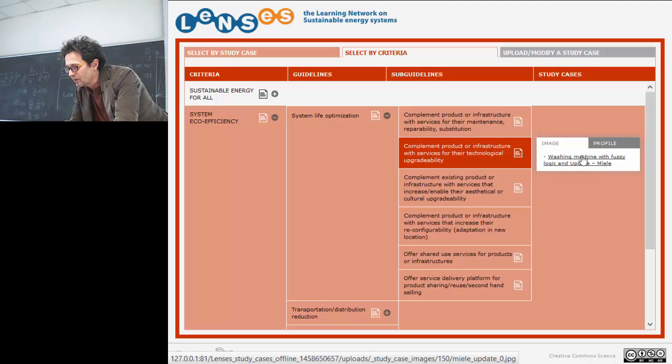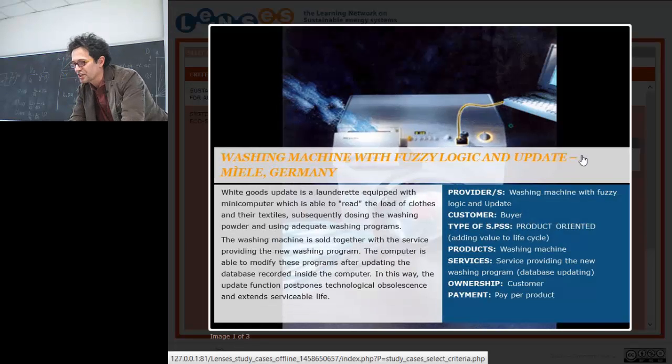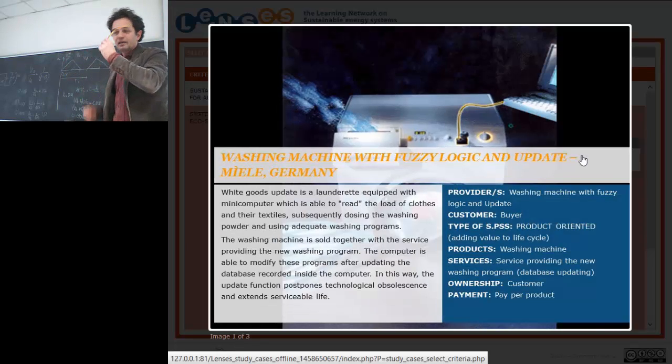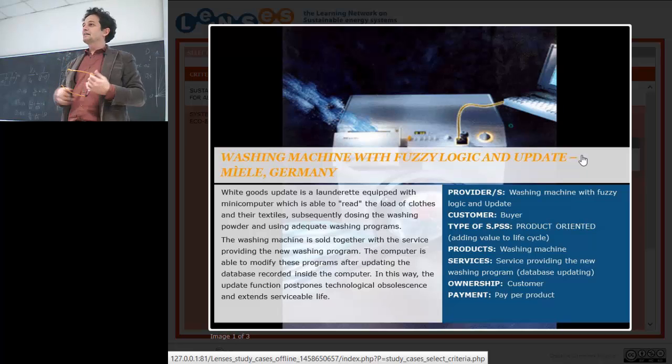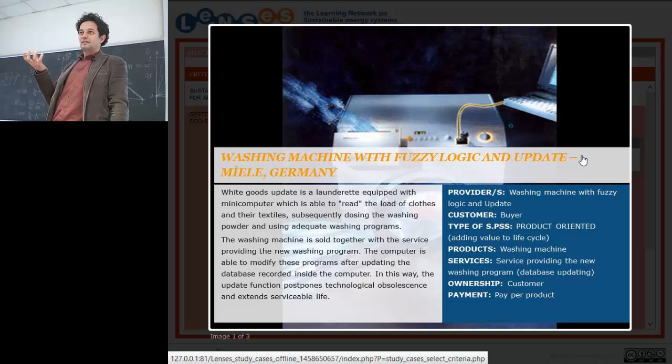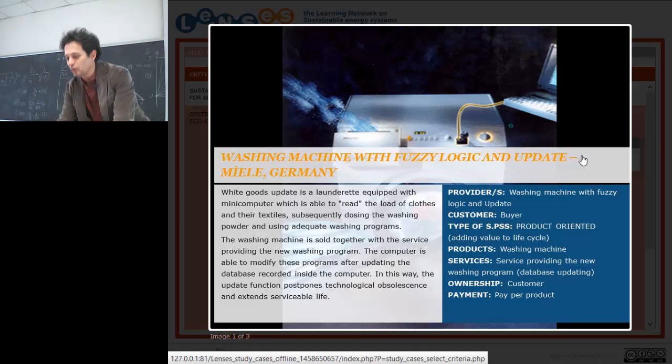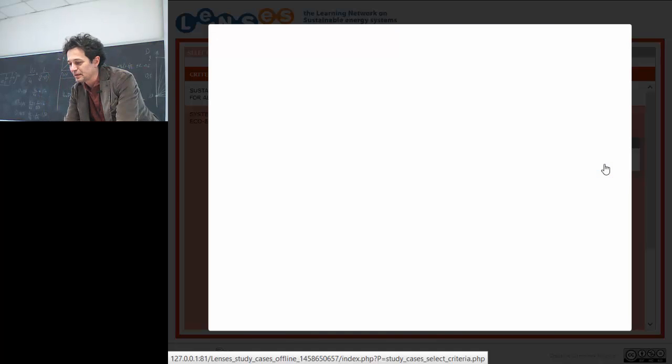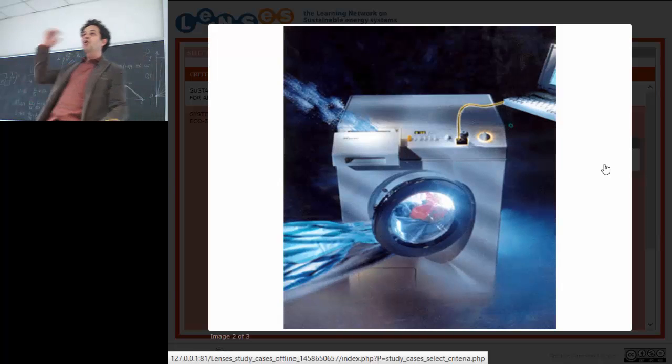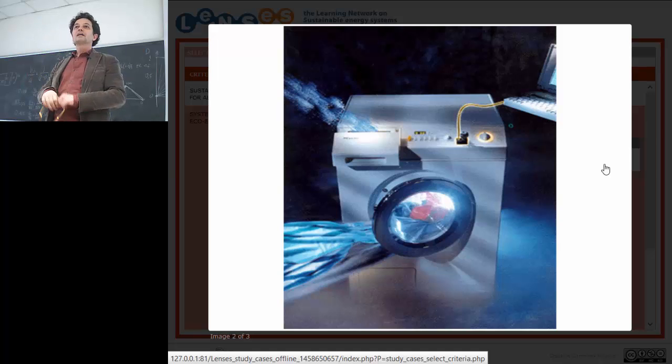And here we have a washing machine that is sold, but is provided not with a fixed set of programs inside, but with a little computer. And actually what you can do is download, and this is part of the service, new programs.